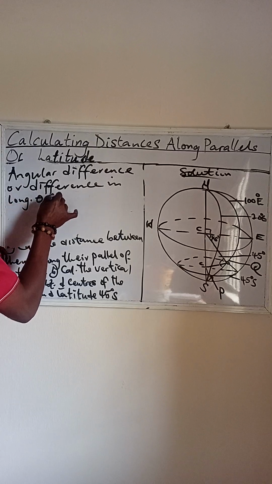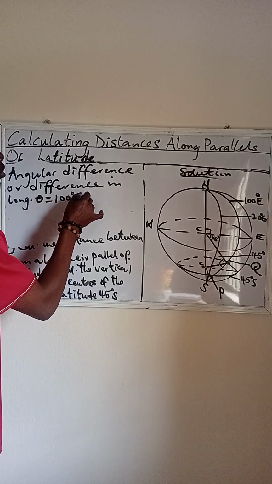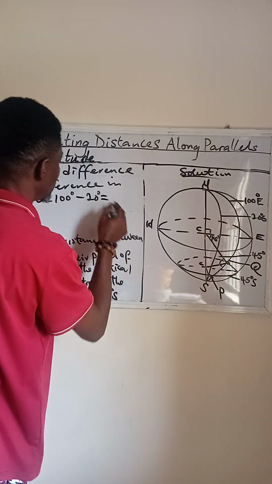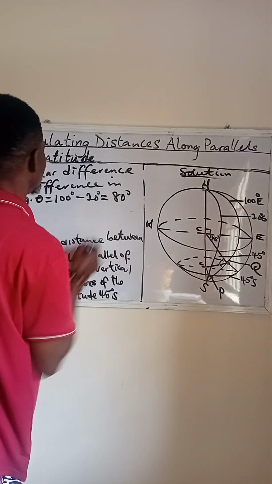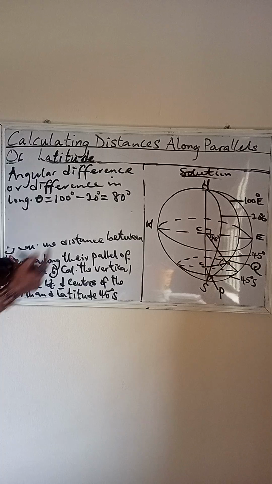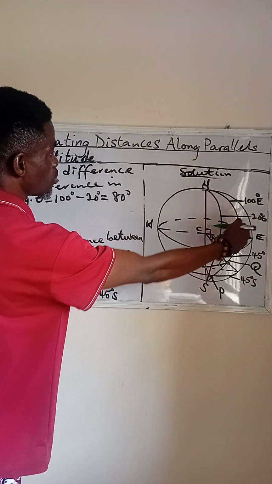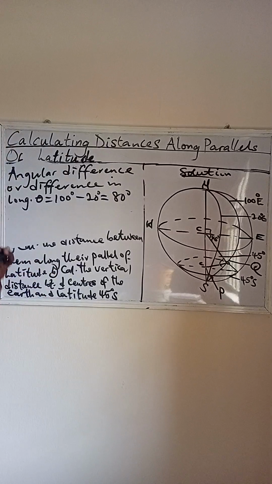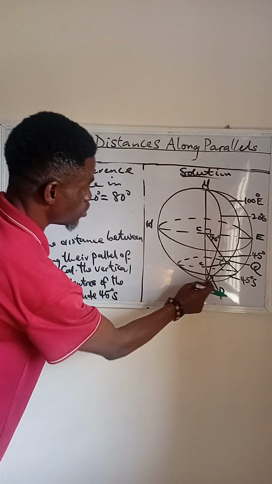So which will give us 100 degrees minus 20 degrees because they are on the same side. So it's going to give you 80 degrees. So that is the angular difference. The difference in longitude is 80 degrees.